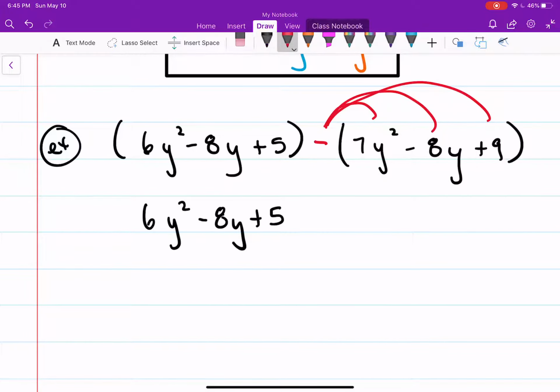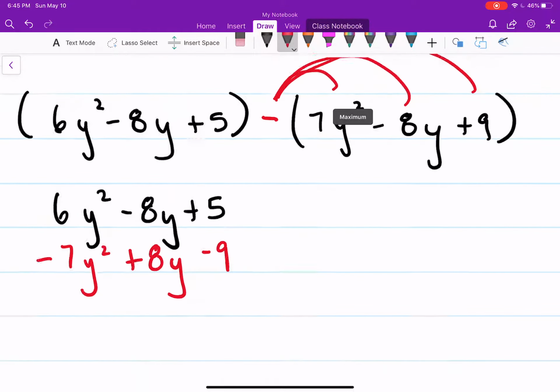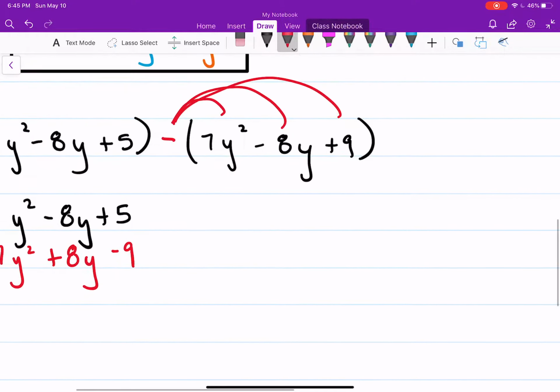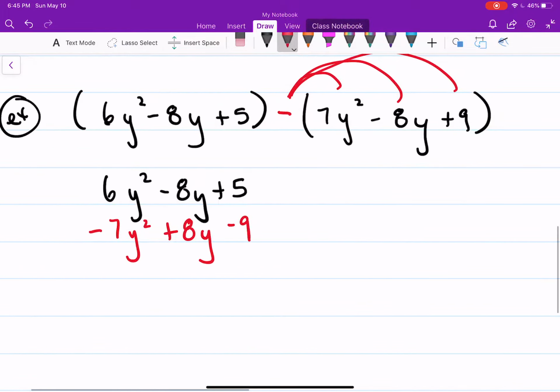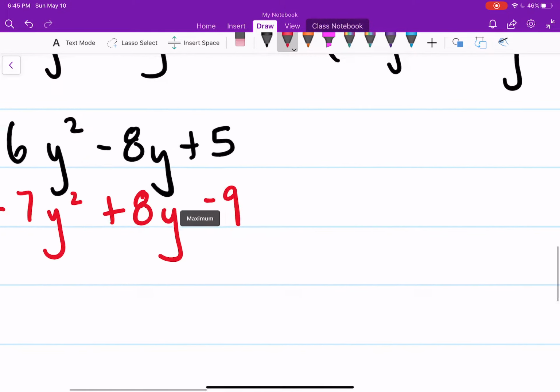In the second parentheses, when I distribute that negative, it basically flips all the signs inside. So notice how the 7 was positive and became a negative, how the 8y was negative and now became positive, and how the positive 9 became a negative 9, okay?